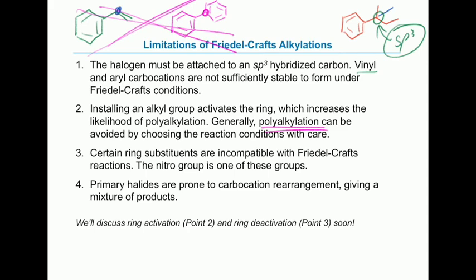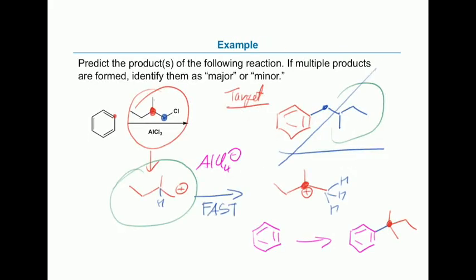So what happens here is, unlike nitro groups, where you add one and it shuts the system down, here I take benzene, I react it, now I've got an activated group, which means the second one is easier. So polyalkylation with Friedel-Crafts is a problem. If you're going to stitch in a group, it's really hard sometimes to stop at one. If I was to go back and make this product here, the donating group here is going to activate my ring for another functionalization, and another, and another. So keeping control of this is something that's a bit tricky.